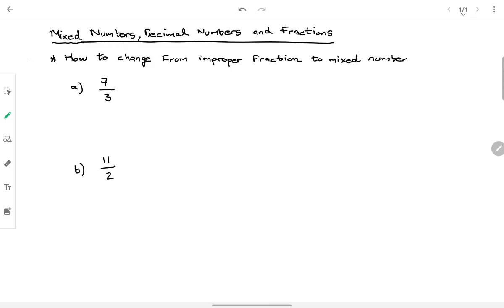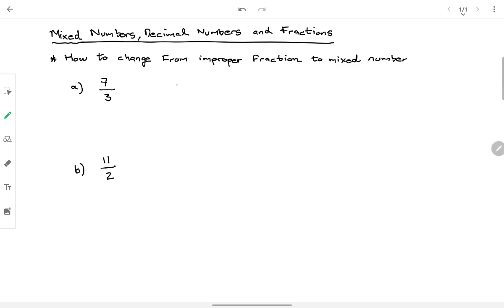The next step we are going to review is how to change from an improper fraction to a mixed number. It's very easy. Remember that a fraction is also a division. So if we make the division, we can change from an improper fraction to a mixed number. How do we do it? Let's see. In the first example, we have 7/3.